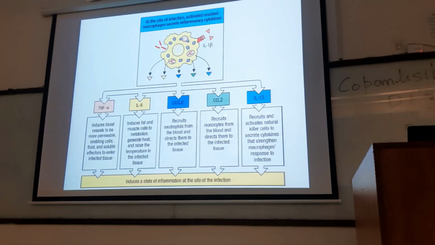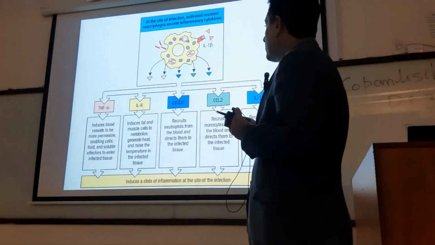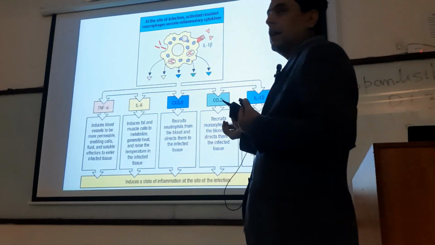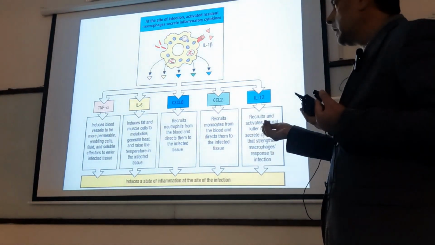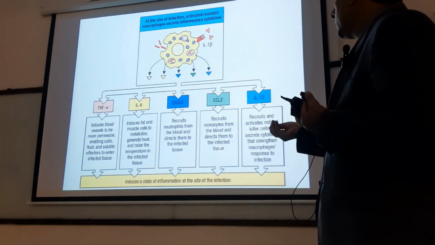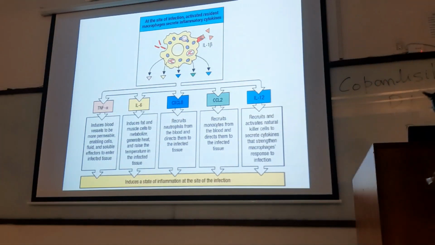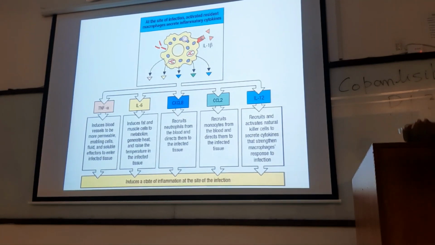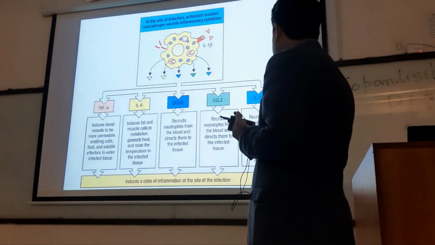So who is doing that? The CCL2 chemokine, chemoattractant cytokine, which the activated macrophage is secreting at the site of infection, okay? So on one hand, they are inviting neutrophils. On the other hand, they are also inviting monocytes to enhance this inflammatory process further.